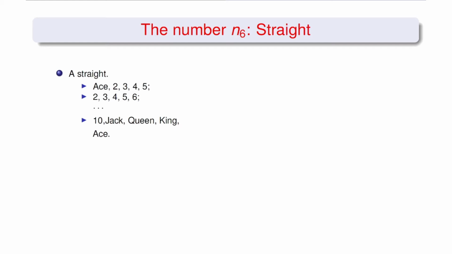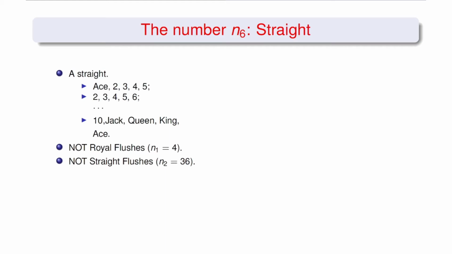So that's a straight. But this straight does not include the royal flush and straight flush. You got to subtract that as well. Now it's not a royal flush and not a straight flush. Okay, so again we got to subtract those cases.